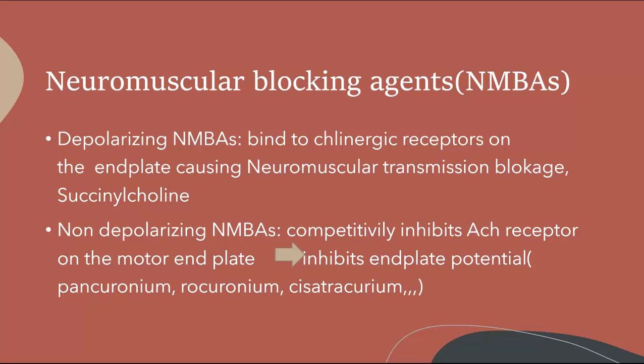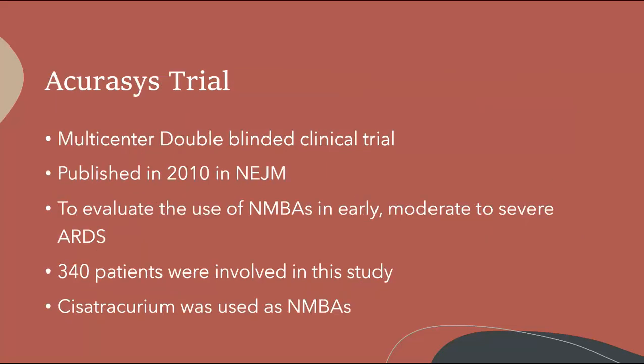And then the non-depolarizing competitively inhibit the acetylcholine receptor on the motor end plate, inhibiting end plate potential, and as we have here, rocuronium, cisatracurium, which is the Nimbex, and that's the one used in most of the studies for the neuromuscular blocking agents.